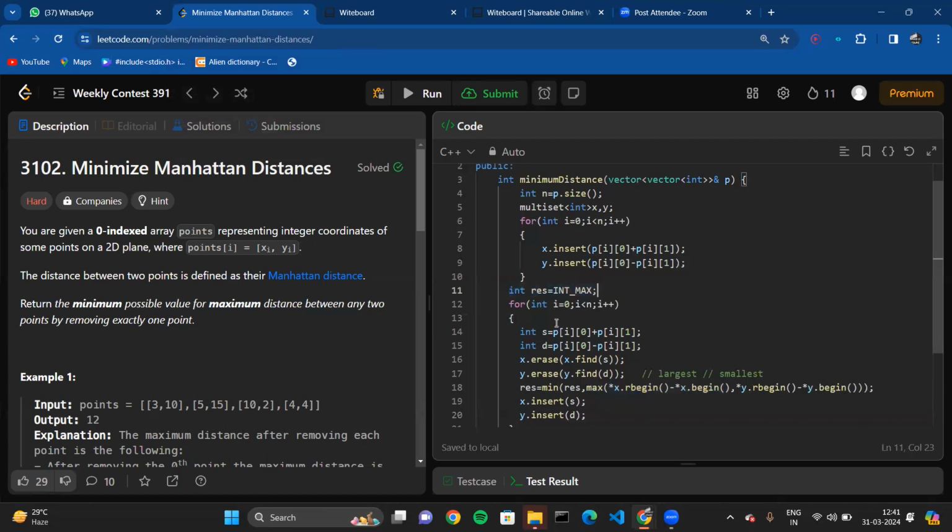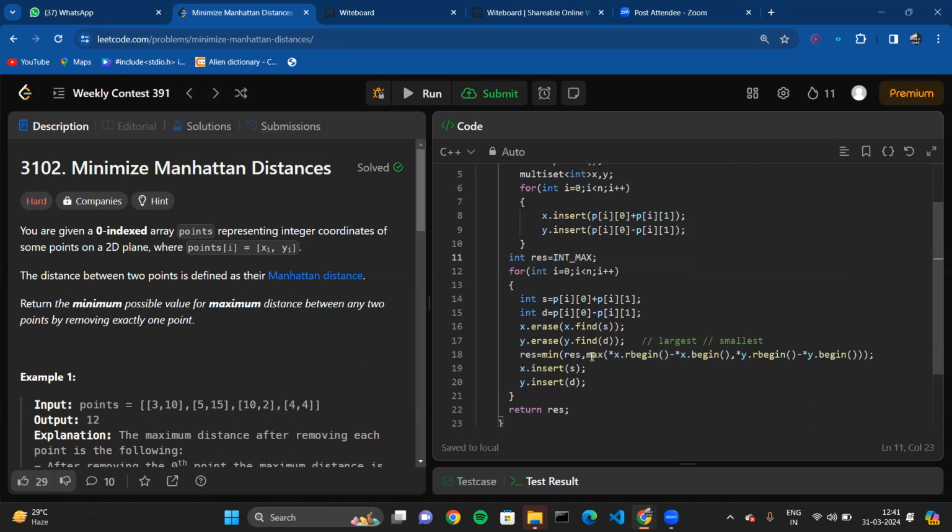Then we iterated over the vector and erased a particular element, and then we found the maximum Manhattan distance. We know how to find the Manhattan distance, and we are using a multiset, which is already sorted, so this will give us the maximum Manhattan distance. From all these distances, we need the minimum, so we took the minimum at the end. Finally, before moving to the next iteration, we inserted S and D back.